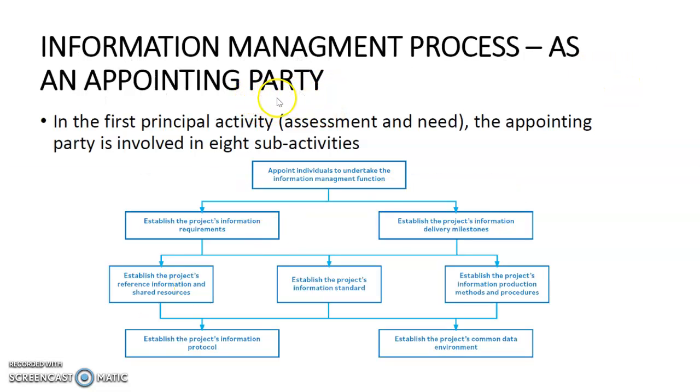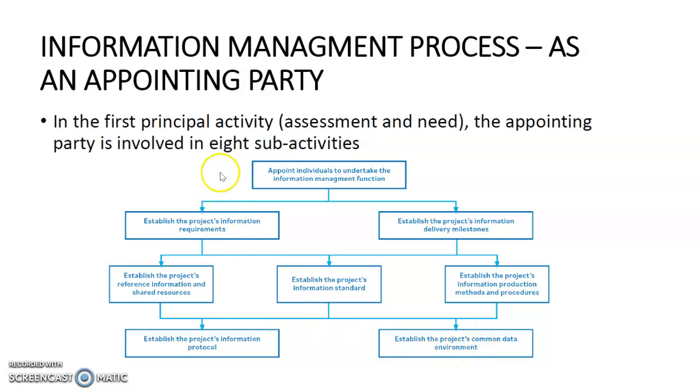The appointing party, which most of the time is the owner, will need to appoint individuals to undertake the information management function, establish the project information requirements, establish the project information delivery milestones, establish the project's reference information and shared resources, establish the project's information standards, establish the project's information production methods and procedures, establish the project's information protocol, as well as the project's common data environment.